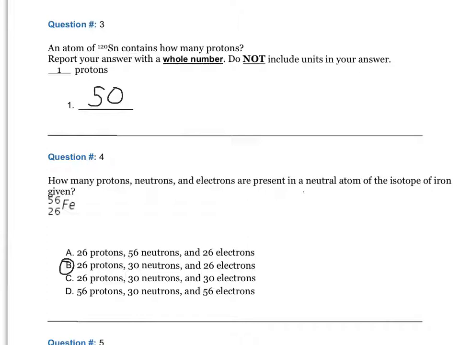The key there is neutral atom. That means the number of protons and electrons must be equal. If you look up the atomic number of iron, it is 26. And then the mass number, 56, is the sum of protons and neutrons. 56 minus 26 is 30 neutrons.